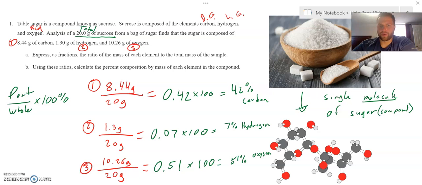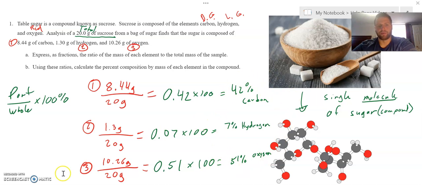Again, just to reiterate what we said earlier, because molecules and particles are so small, in a problem like this, you won't get quantities. What you'll get is masses. They'll give you a total mass and 3 submasses that add up to the total. You'll have to set up your fractions, part divided by whole, multiply by 100, and then that should come up with your percentages of percent by mass of your sample.